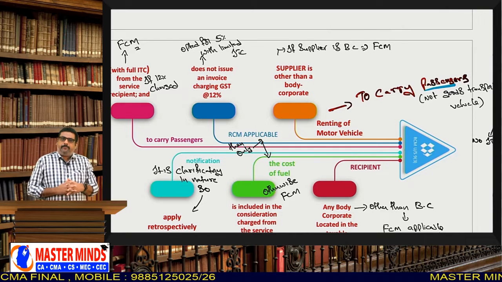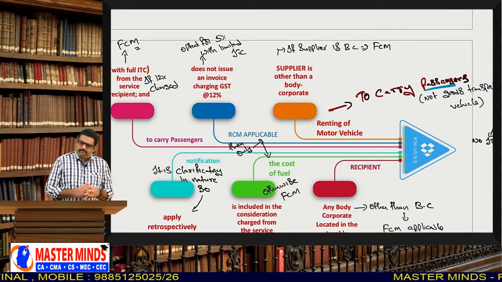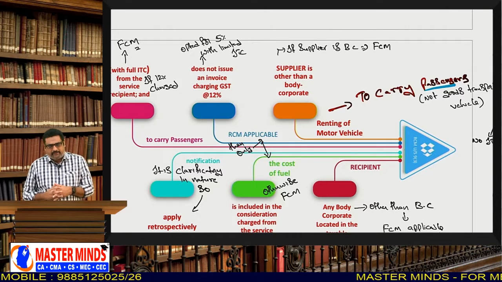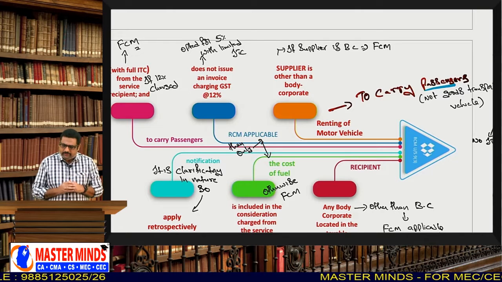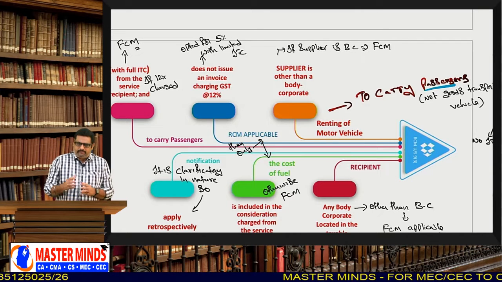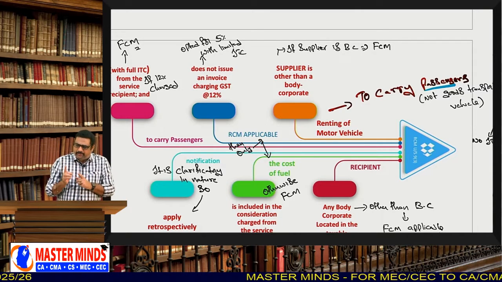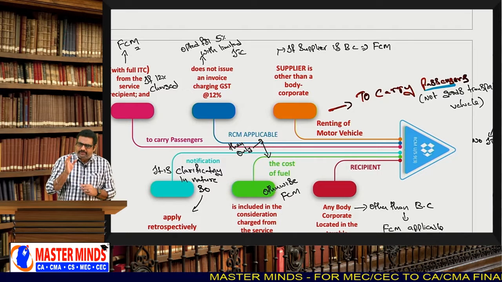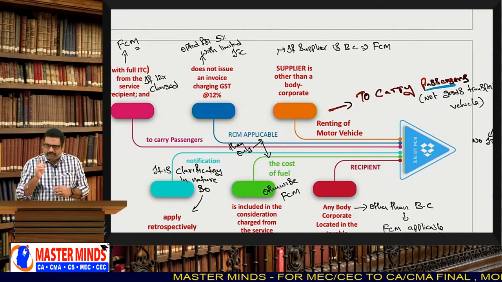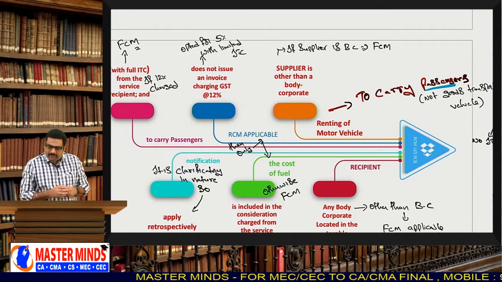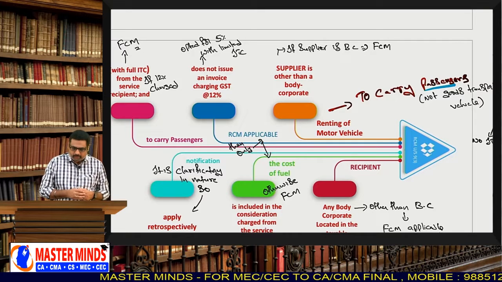Renting of motor vehicle is covered under RCM, we already know that, but to apply 9.3, the motor vehicle should be designed to carry passengers. For that only 9.3 is applicable, and it is not applicable for goods transport vehicles.